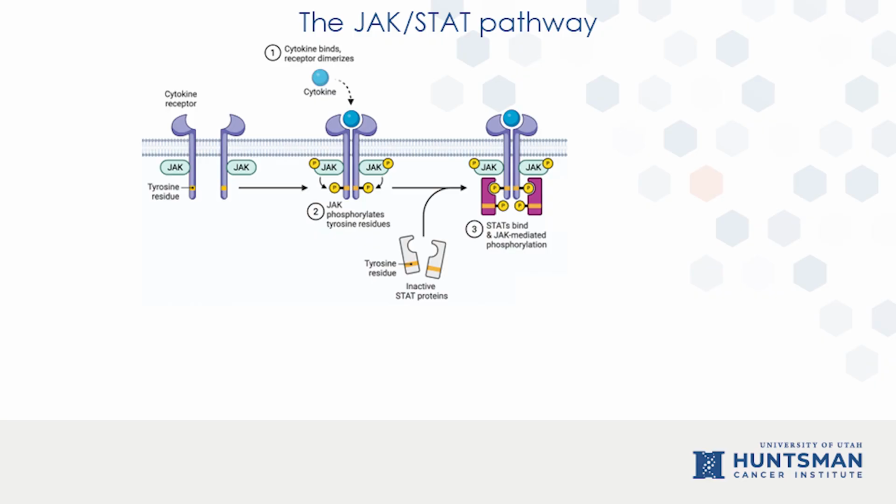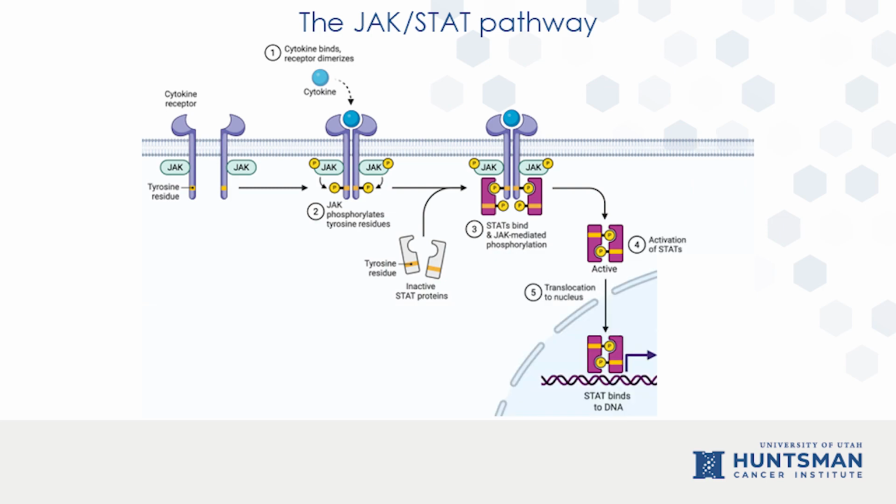So JAK is activating itself, the receptor, and the STATs. And so just to drive home how important JAK is, because that will become important. So when the STATs are activated, they're then able to move through the cell into the nucleus, where they sit on DNA, and their whole job is to tell the cell, make us proliferate, make us grow, make us survive.